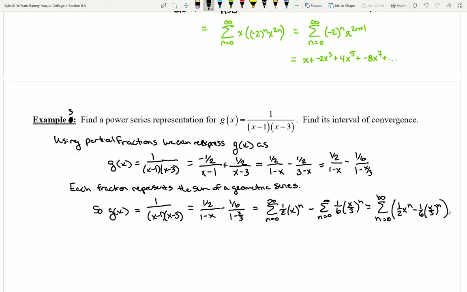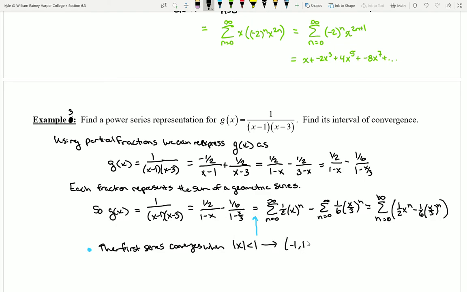Now, of course, I might want to know exactly when this is going to take place. So I have to specify that we need to determine where these things converge. I'll note down here that the first series converges when the absolute value of x is less than 1, since that was my value of r at that point.